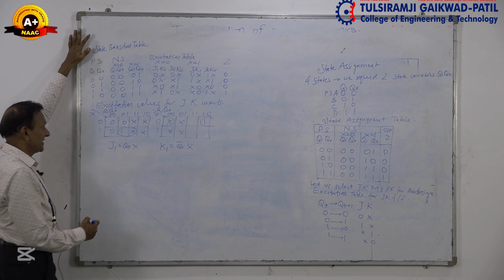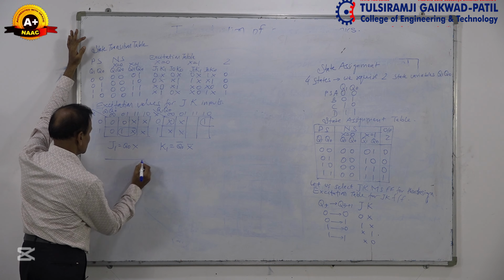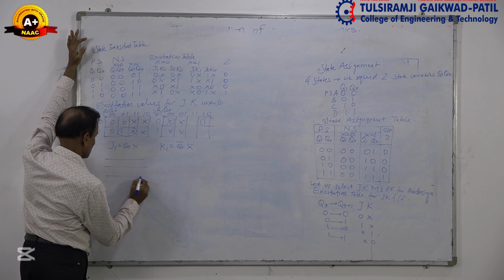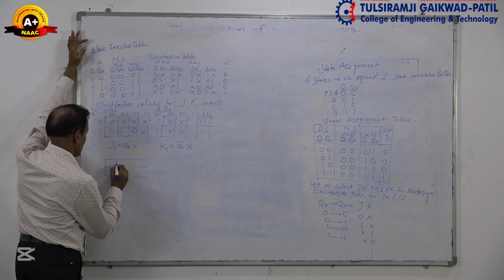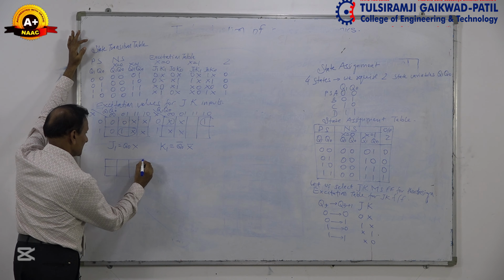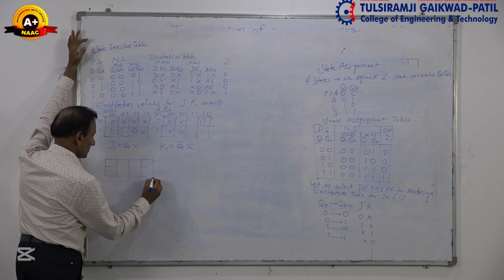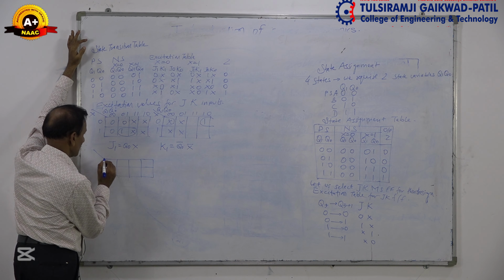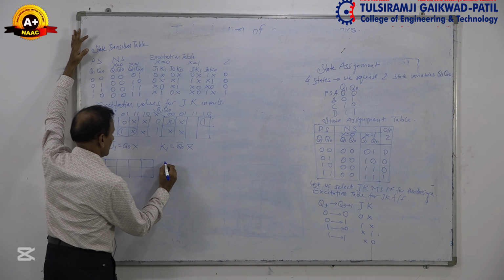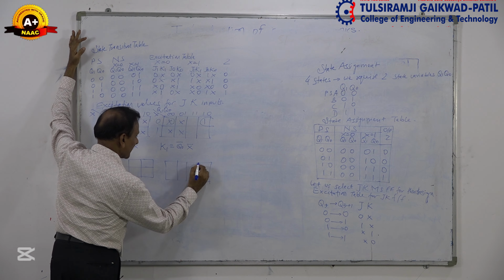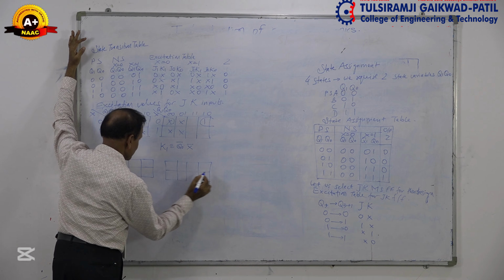Now let us find the equation for J0 K0. I hope everyone is getting it right.